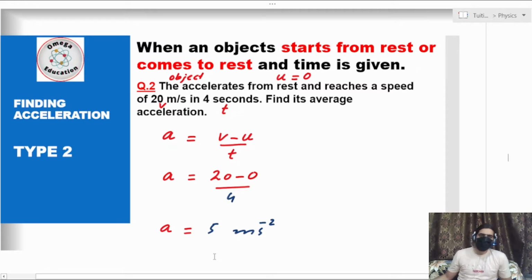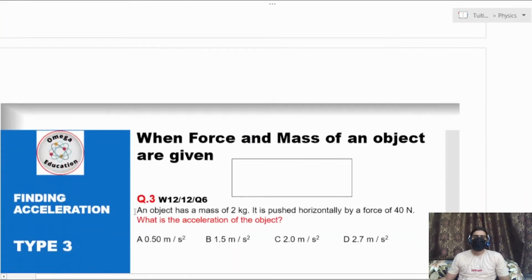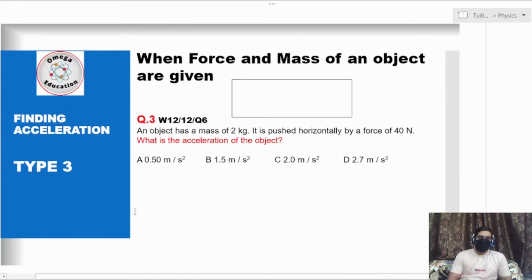Alright everyone, so let's continue for the type 3, in which you can be asked to find the acceleration. In this type, you're asked to find acceleration, and you're provided with the value of force and mass of an object.